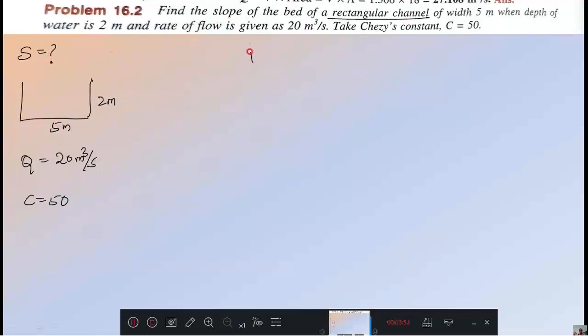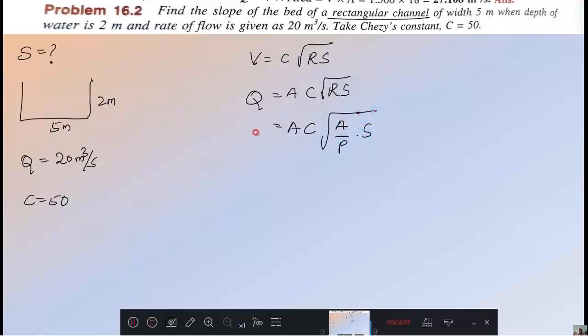Therefore we have V equal to C root RS, and Q is equal to A into V, that is A into C into square root of A by P into S. Then everything is known to us. Area of the rectangle is 5 into 2, that is 10, and perimeter is 2 meter, 2 meter and 5 meter, 4 plus 5, that is 9 meter.